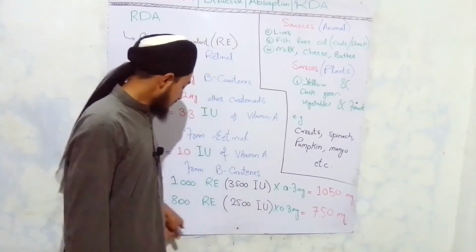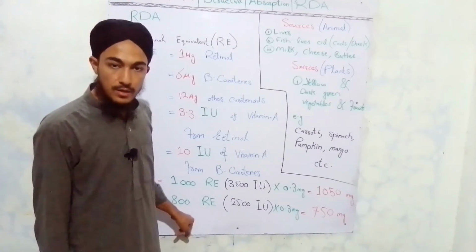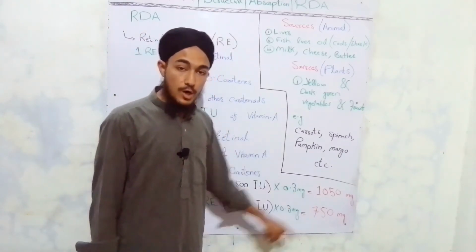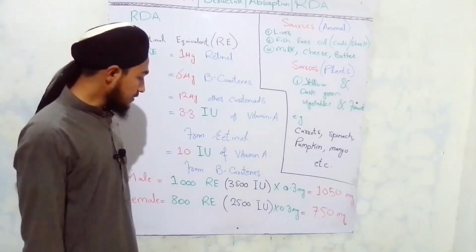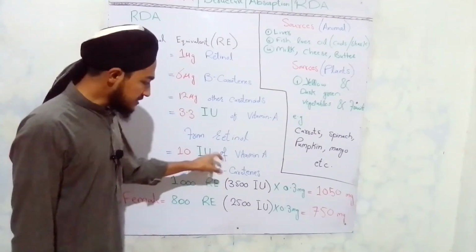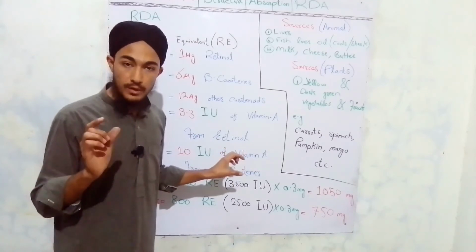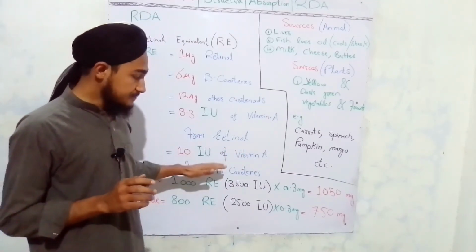So ultimately 800 RE or 2500 IU will be equal to 750 of retinol daily. Here you should remember one very important thing, that this RDA is recommended only for retinol and not for retinoic acid.